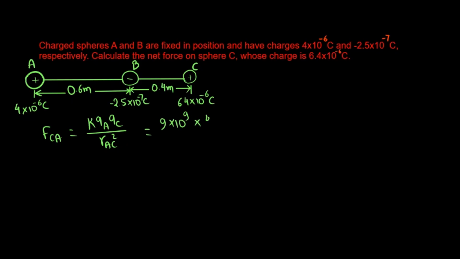The charge of A is 4 times 10 raised to minus 6, and QC is 6.4 times 10 raised to minus 6, over RAC, the distance between A and C. The distance between A and C would be 0.6 plus 0.4, which is 1 meter, so 1 squared. When you use your calculator, you get 0.2304 newtons.